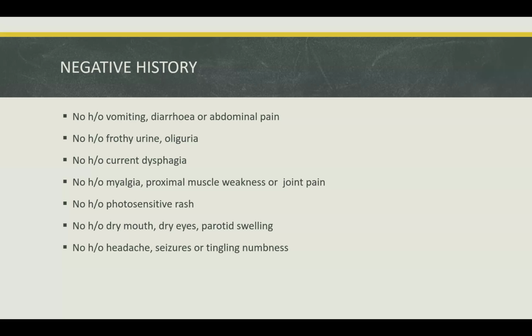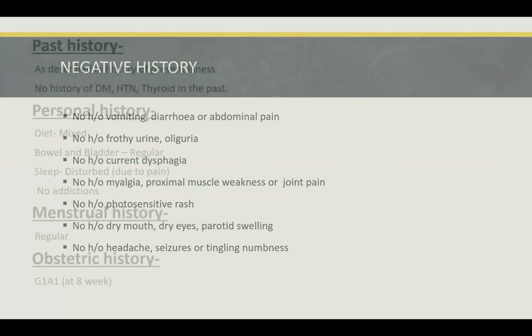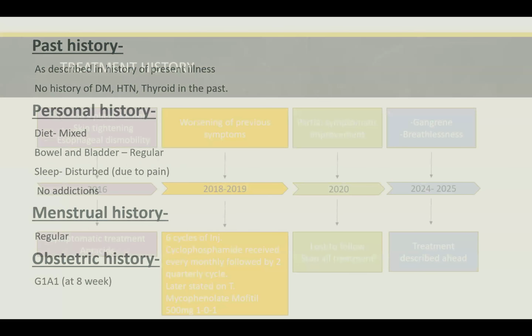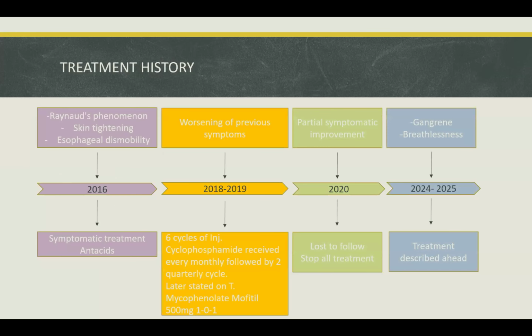Nidhi, I want to ask you one question. I'm Dr. Gayatri. Can you go back to your treatment slide? So you said between 2018 to 19, she received immunosuppression, right? Yes, ma'am. So could you tell me as a doctor why would she receive immunosuppression for just Raynaud's, skin tightening and esophageal dysmotility? Do you agree with the treatment plan?